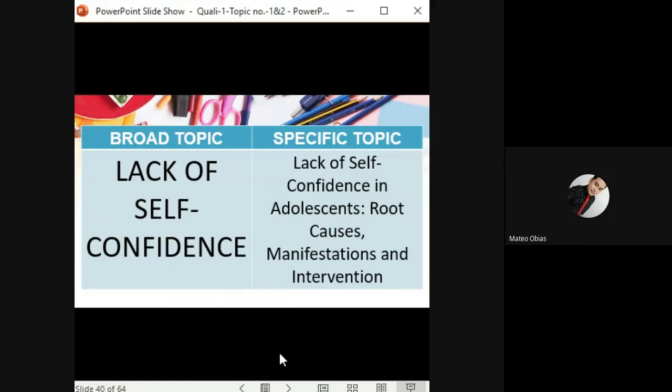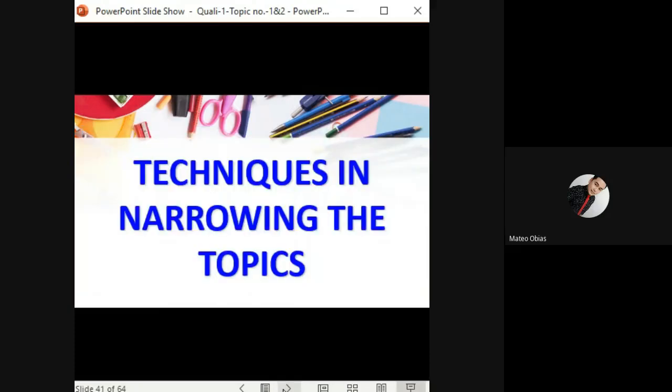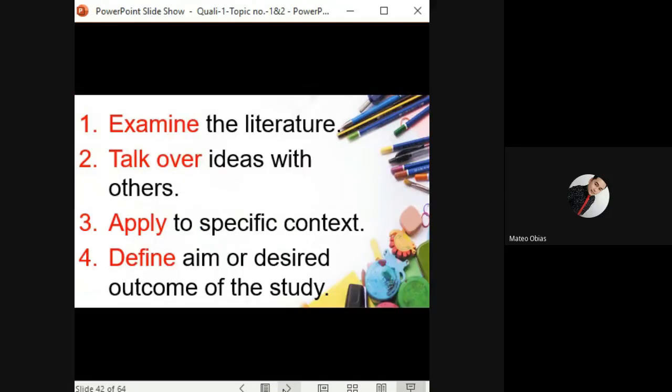Okay, so let's proceed. What are the techniques in narrowing the topics? Will you please read number one? Yes, Arlan, papakibasa nga. Examine the literature. Number two, talk over ideas with others.